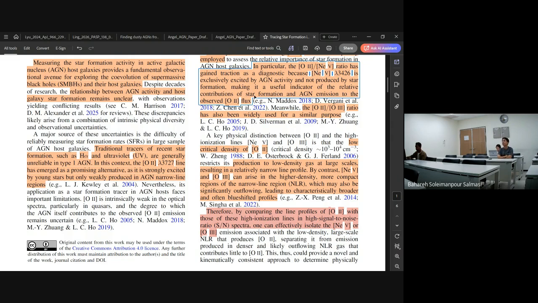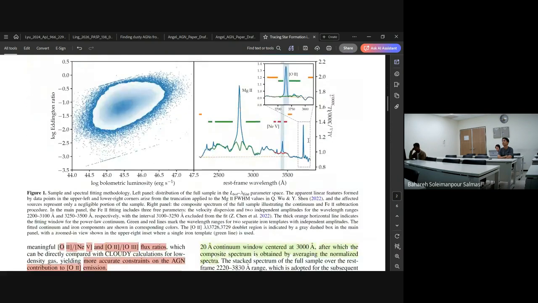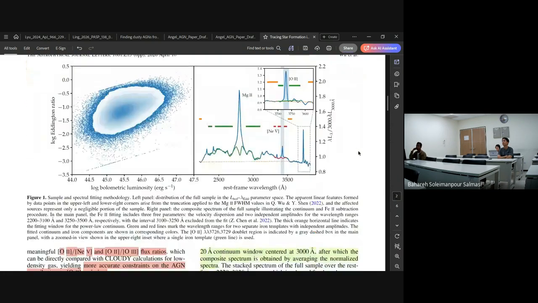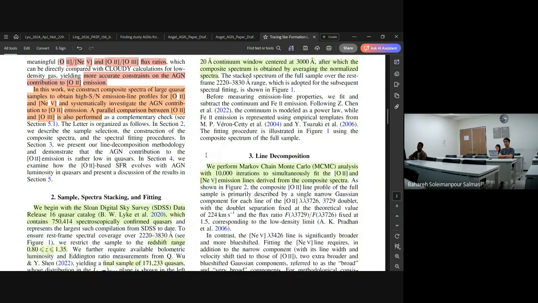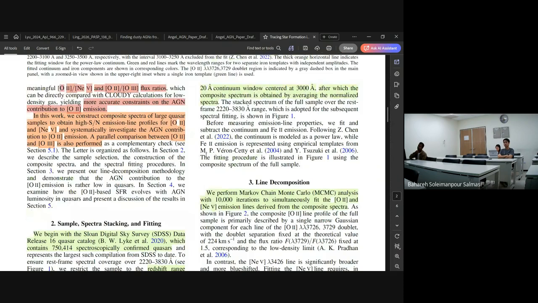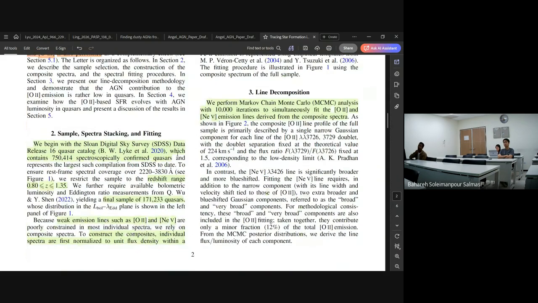O2 is not very prevalent in AGN, but is prevalent with star formation, and the opposite is true for Neon 5. I think it's a broad line, so it's very prevalent in these high density AGNs.